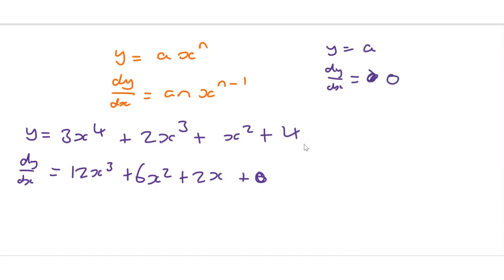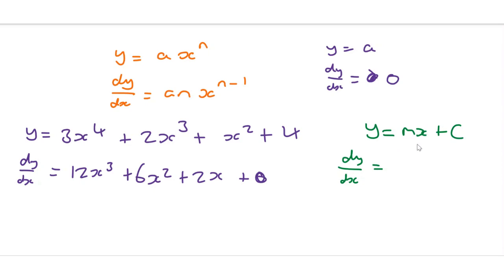Right, there you go. The next thing we're going to look at is we're going to use this rule. And I remember I told you that the derivative at a point x gives the gradient. Well, if we take a straight line y equals mx plus c, we know the gradient's m, but I want to confirm that with some differentiation. So dy dx is equal to, well, here we take down the 1, then we move the power down.